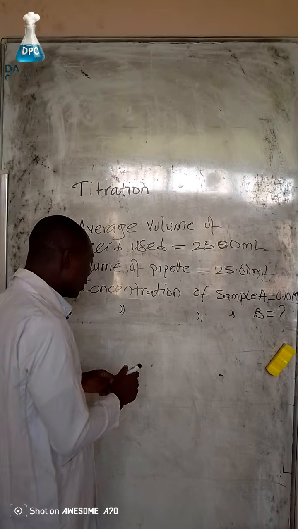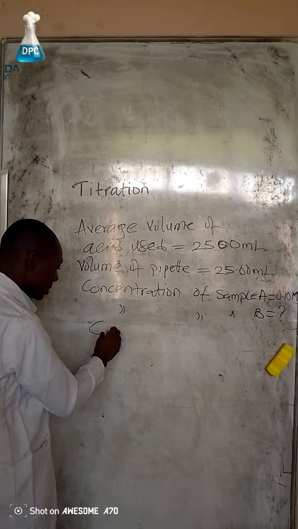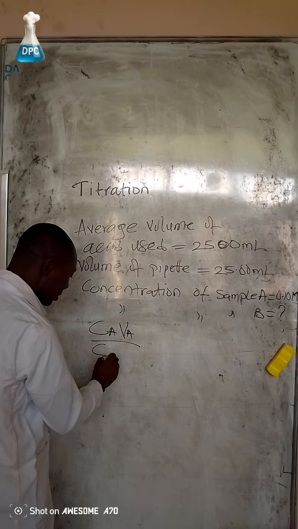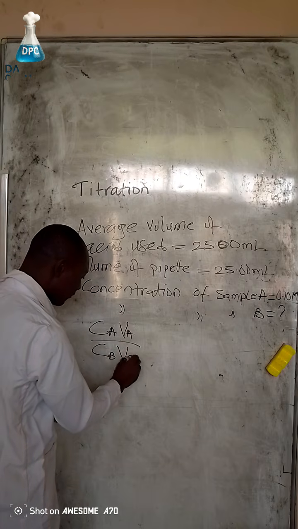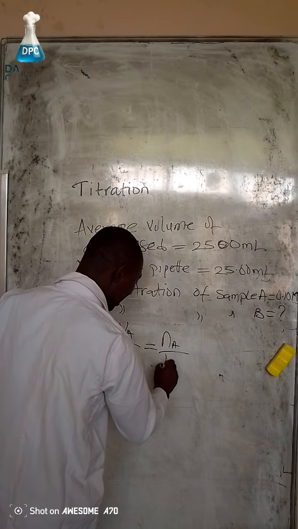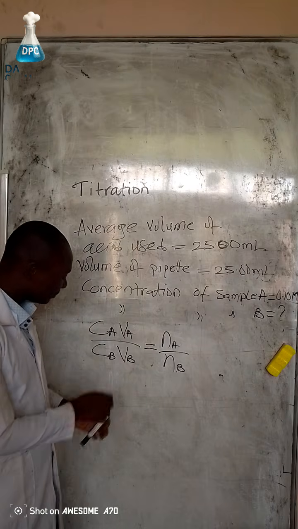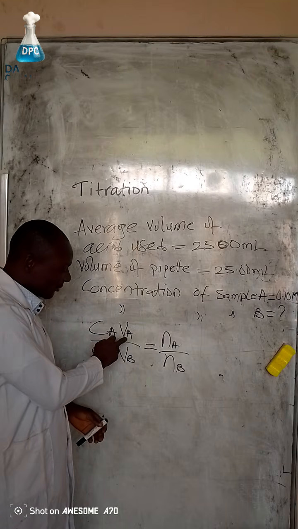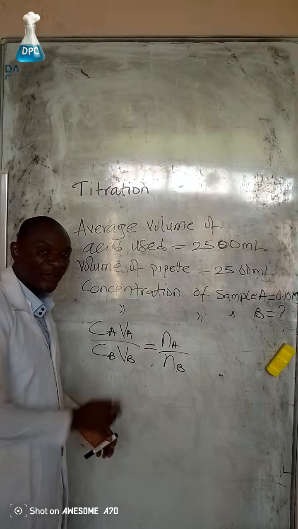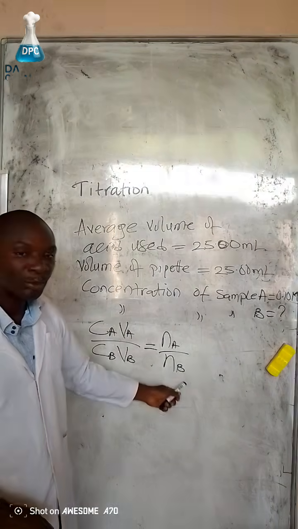Now, you are very familiar with the formula CA VA over CB VB equals NA over NB.